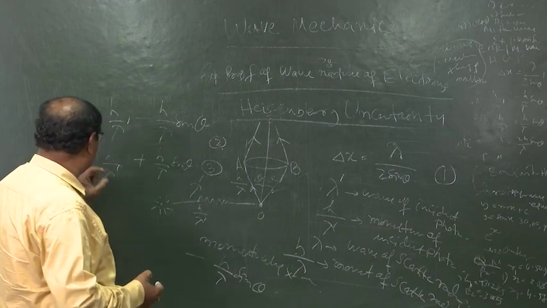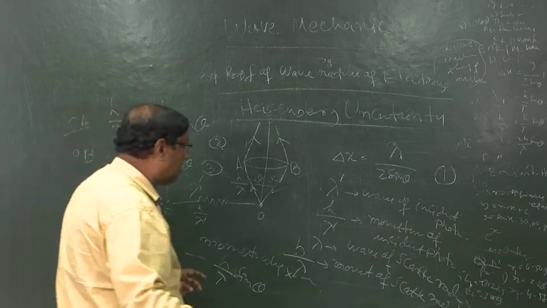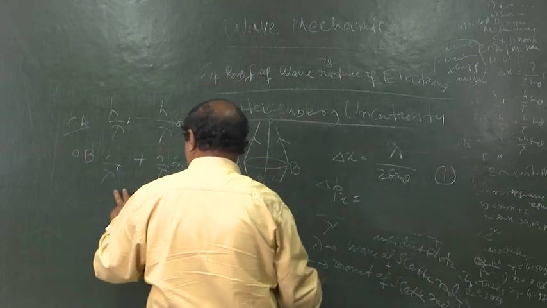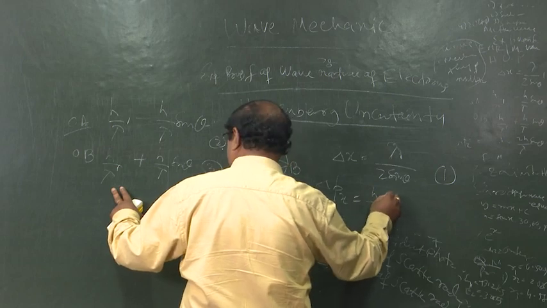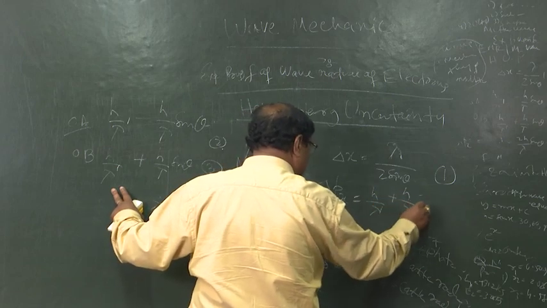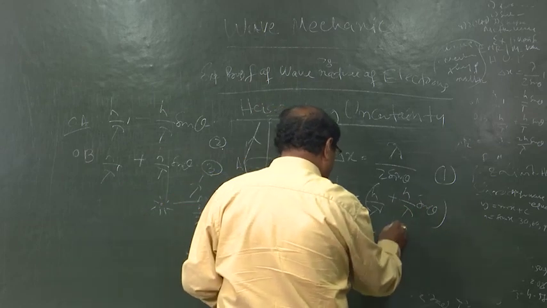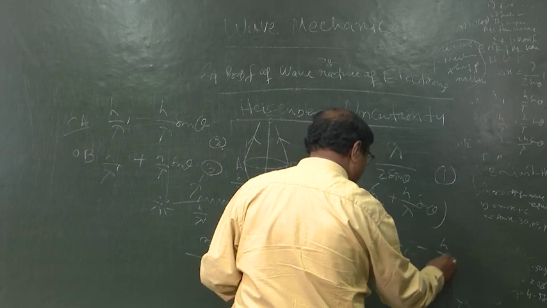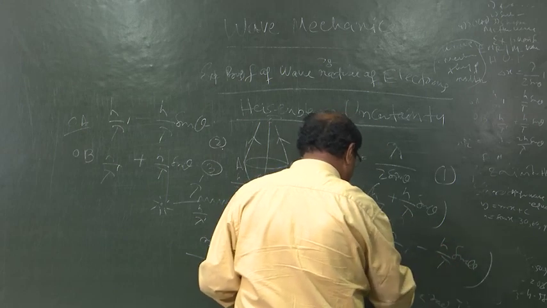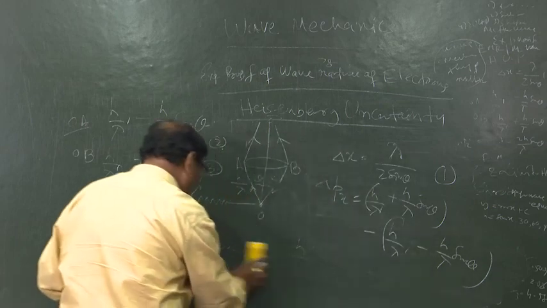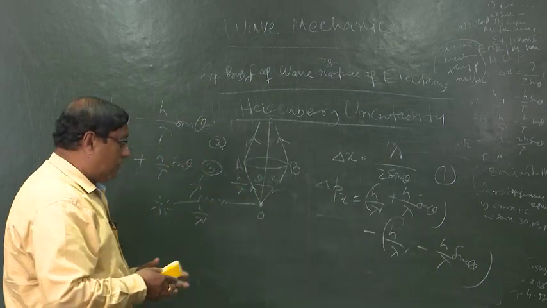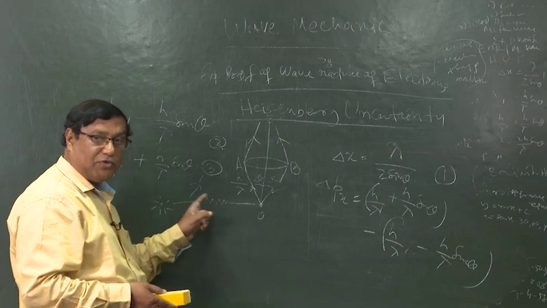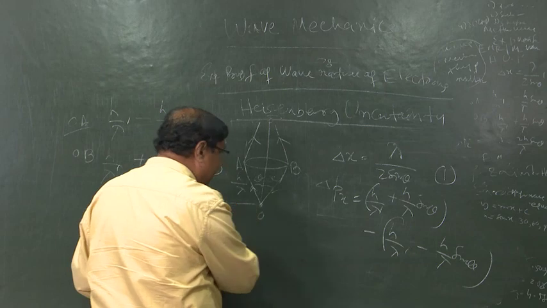The momentum error, delta px, is equal to h by lambda dash plus h by lambda sin theta, minus h by lambda dash minus h by lambda sin theta. This is the difference, the momentum transferred to the electron due to the collision of the photon with the electron along the x-axis.